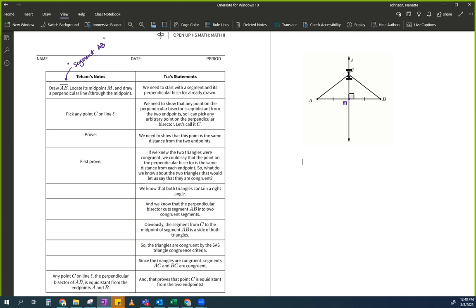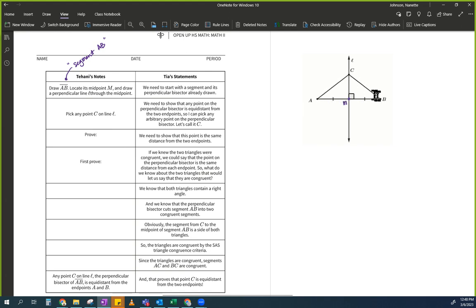What words do you hear when you hear equidistant? We talked about this last time. Yes, equal and distance. So they're basically saying this segment here is going to be congruent to this segment here. So I'm going to mark that I want to prove those congruent.